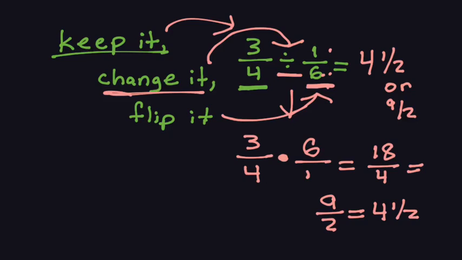Now let's do one more example division problem. Let's say we're given the problem 7/8 divided by 1/4. We are going to make another equation right here. We are going to keep 7/8.